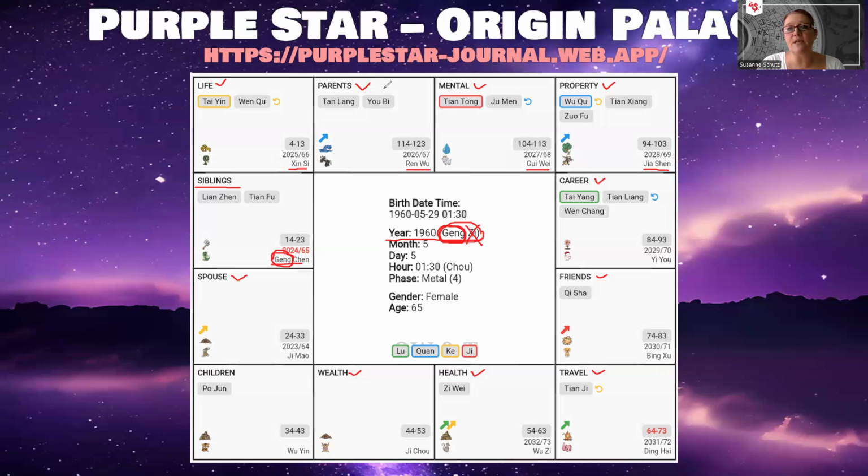And then lastly, we've got the parents' palace. So if your year stem is found in the parents' palace, then your parents, especially the father, will play an important role in influencing you and becoming who you are today and how you take decisions. So the way your father carries himself, the rules he imposes, the way he raised you, all this affects you in your decision making.